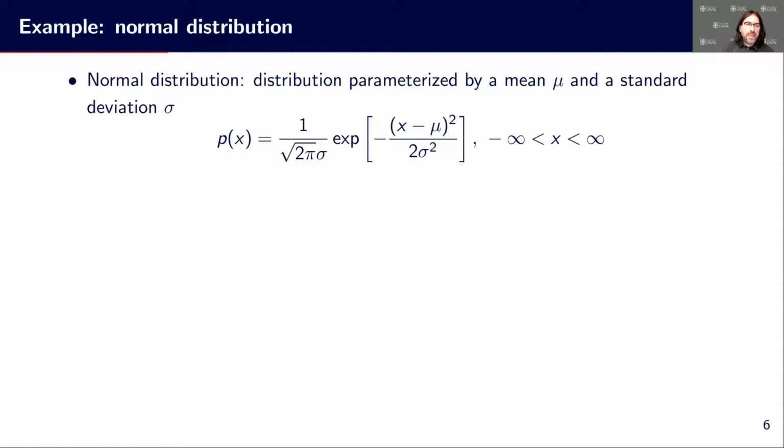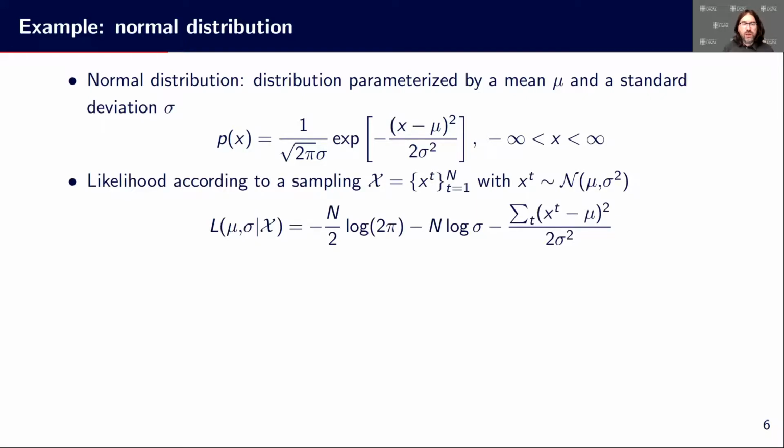Here we have p(x) equal to 1 divided by the square root of 2 pi times sigma, this part here, times the exponent of minus (x minus mu) to the power of 2 divided by 2 sigma squared. And this is for the domain between minus infinity and plus infinity. So this is the classical equation for the normal, Gaussian distribution. You should have seen this several times before.